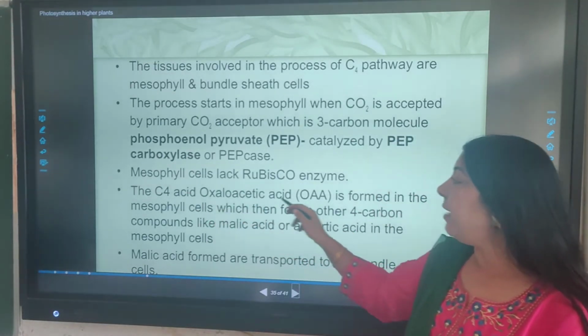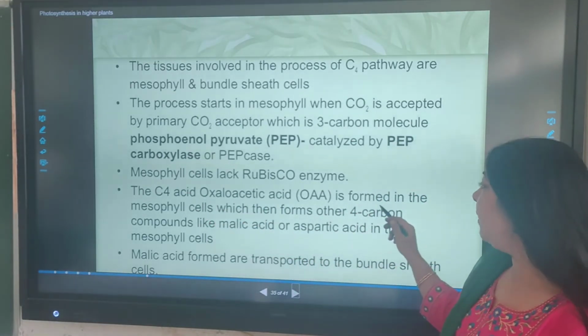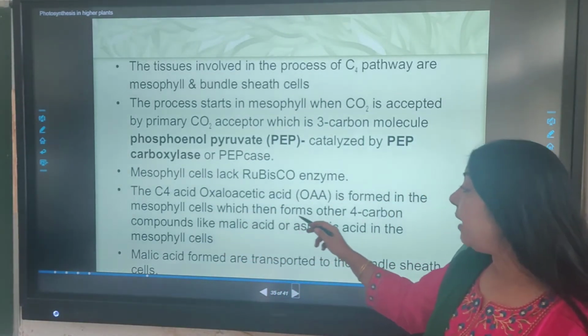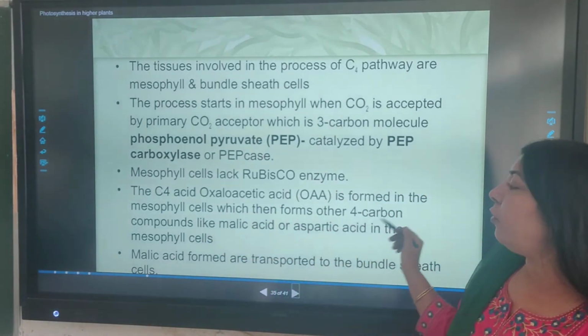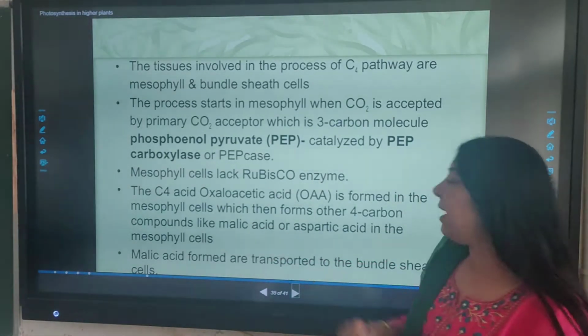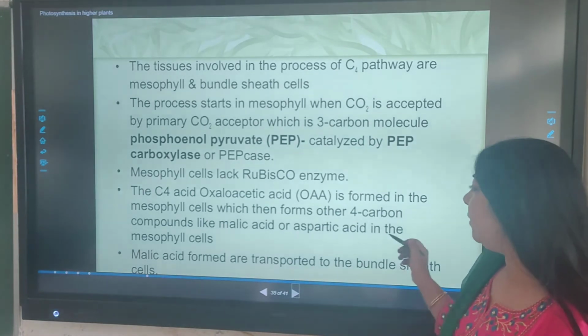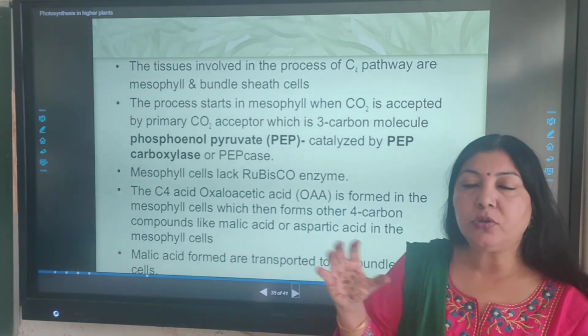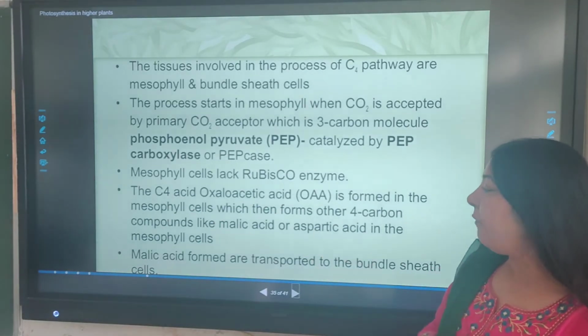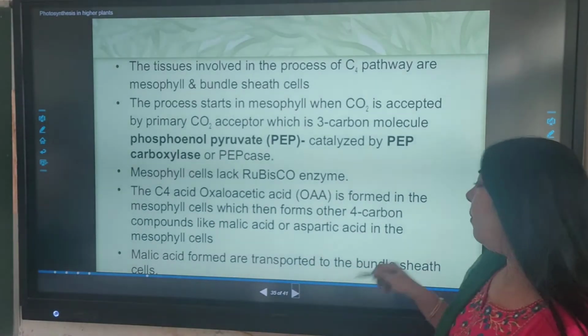The C4 acid, that is oxaloacetic acid, is formed in the mesophyll cells, which then forms another four carbon compound called malic acid or aspartic acid in the mesophyll cells. So these acids produced in mesophyll cells have to be transported to the bundle sheath cells.